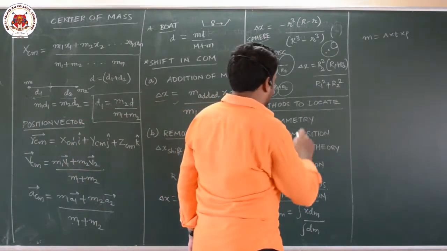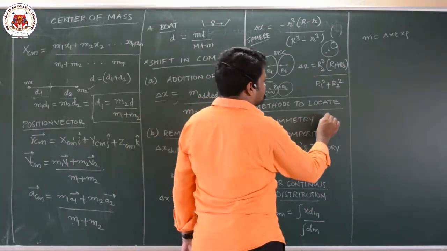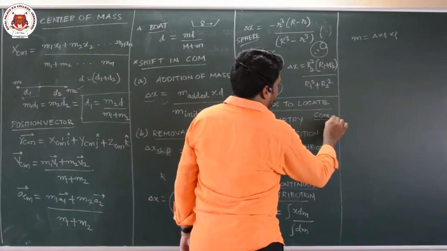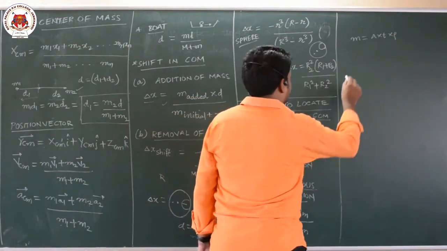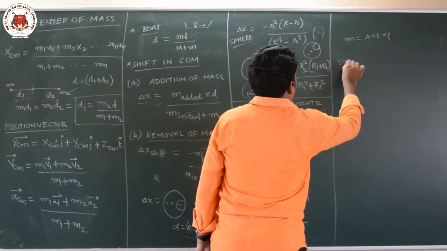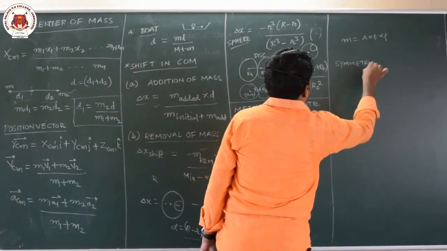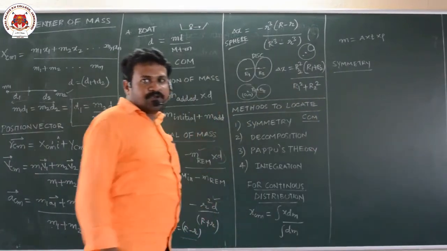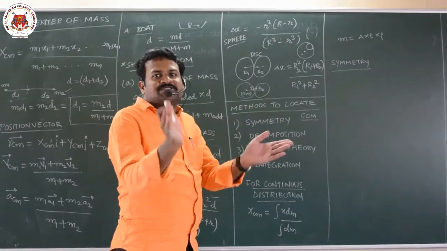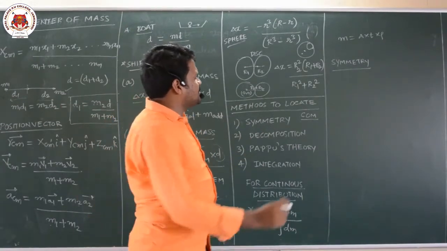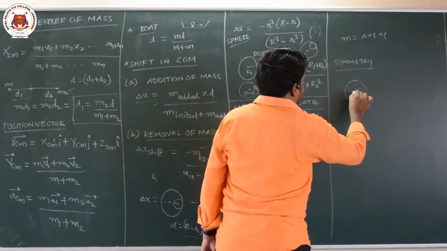Now similarly, methods to locate center of mass. How to locate center of mass? There are some methods to locate center of mass. First one is the symmetry method. Symmetry method means for all regular bodies, the geometric center is its center of mass. You take any regular body, the geometric center will be its center. For a disc, the geometric center is the center of mass.